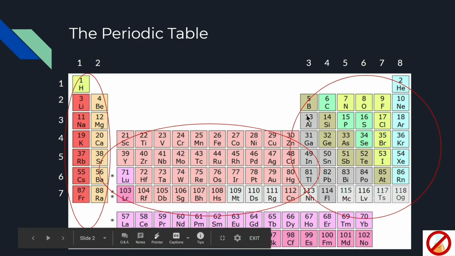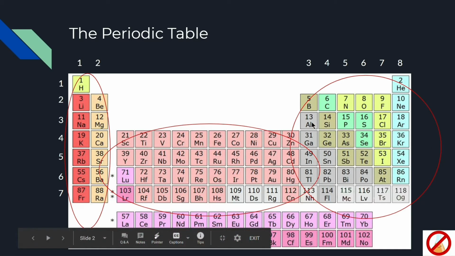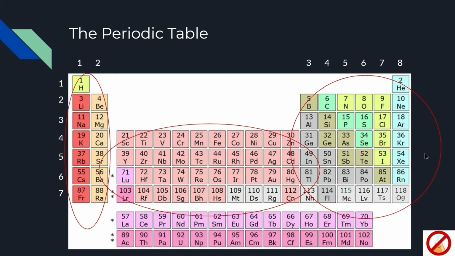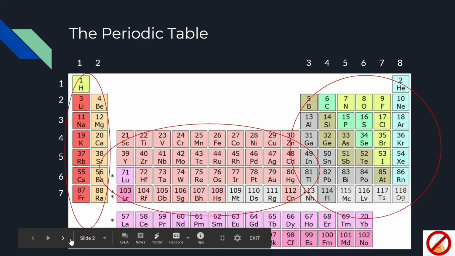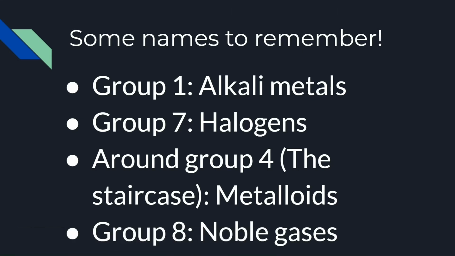You can see my circle circling the whole area here, but the actual non-metals start beyond this staircase, where we have silicon. Basically, everything on this side of the staircase will be metals, and everything on the right-hand side of the staircase will be non-metals. We refer to these ones on the staircase as metalloids, because they're not really metals, but they're not non-metals either. They're just in between, so we call them metalloids.